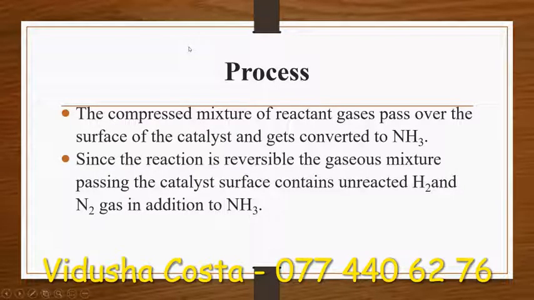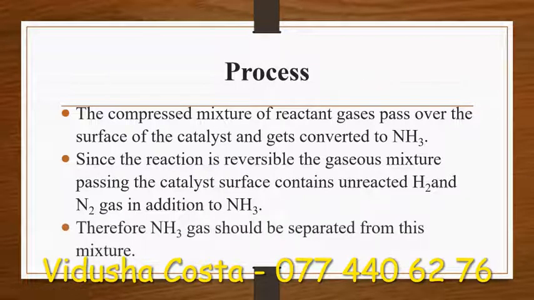So when it is passed through the catalytic surface, it will have both hydrogen and nitrogen together with ammonia. So you get all three gases present. Therefore, there's a problem. That means you have to separate ammonia gas from this mixture.